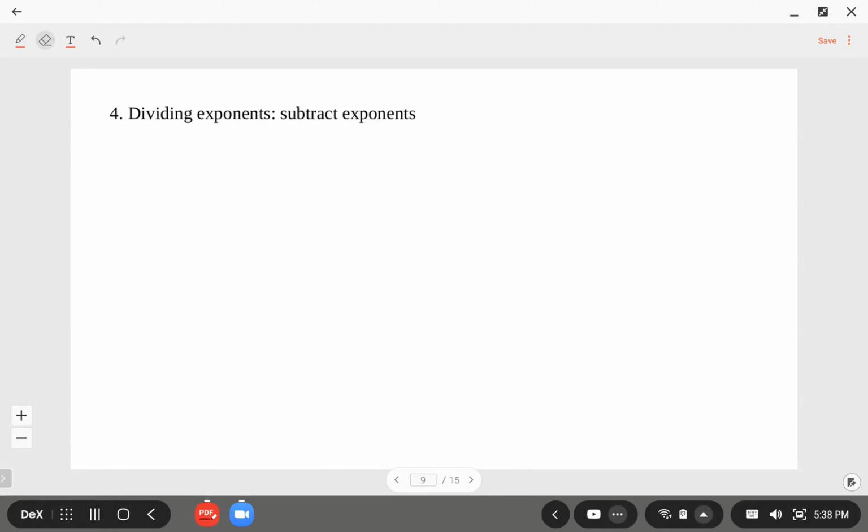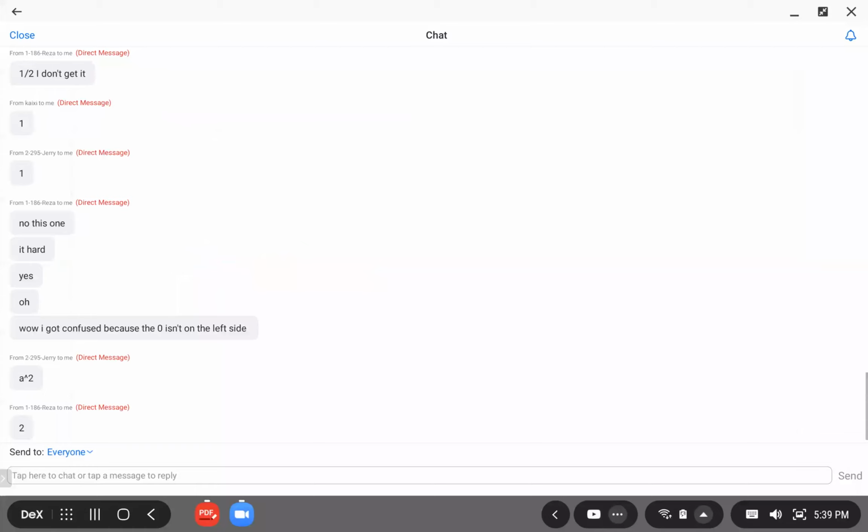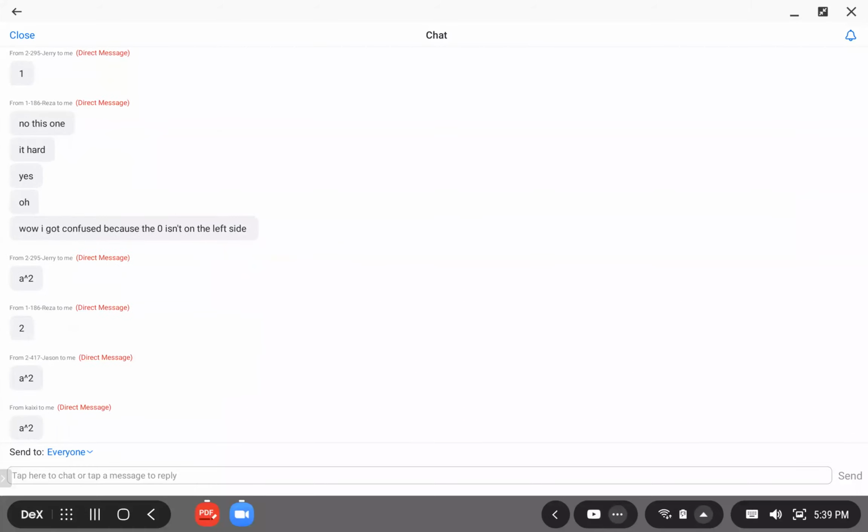And if you want to prove this, then you can easily prove it. So now, what is a to the fourth divided by a to the second? Give me an answer, should be a matter of seconds. So what is the answer? A to the second.